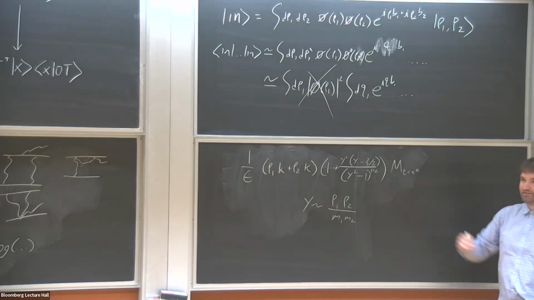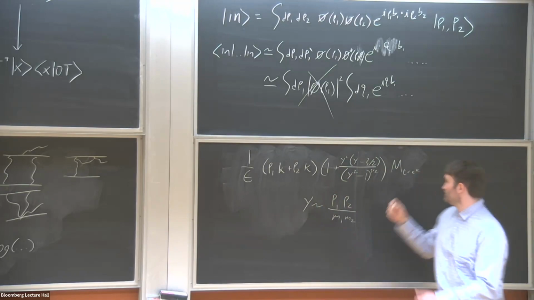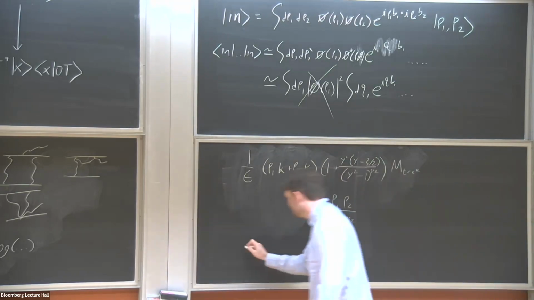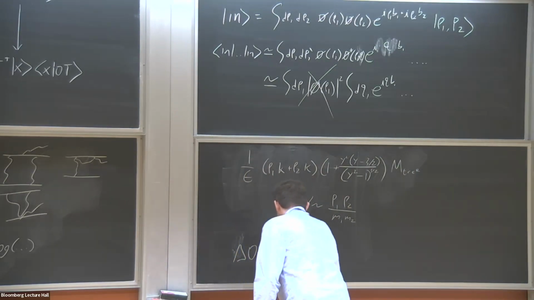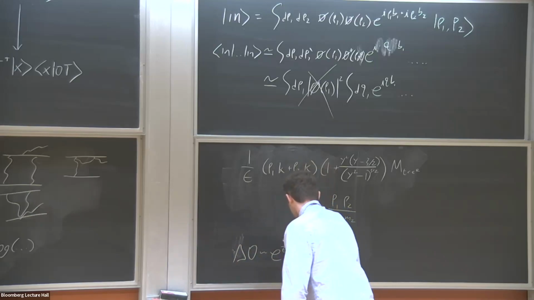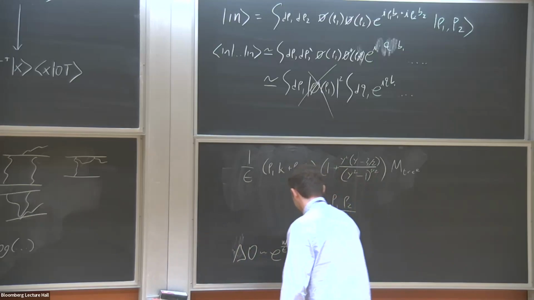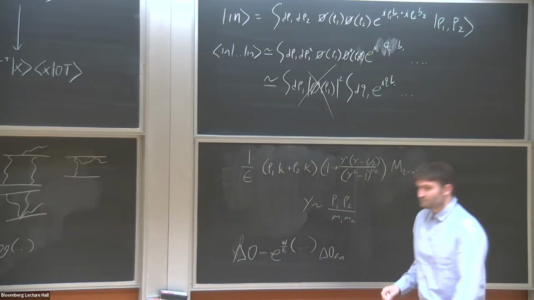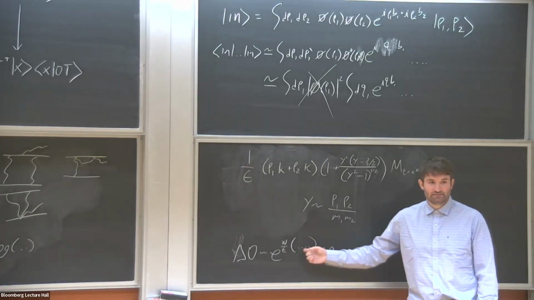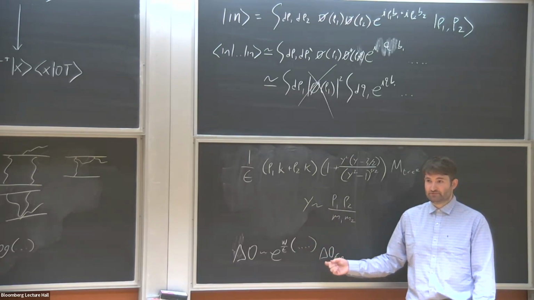And you can show that if you computed the full expression, you could absorb this 1 over epsilon into this function over here, times something that's finite. This thing is just a function of y's, and it exponentiates, and you can systematically compute what this finite piece is, which is what we do.